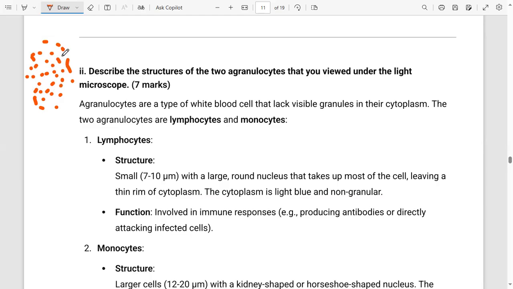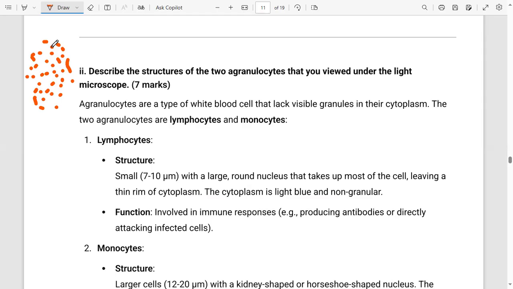You will never find granules in lymphocytes, and you will never find granules in monocytes.